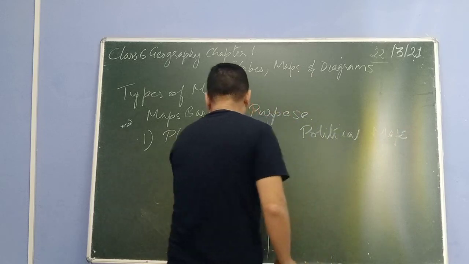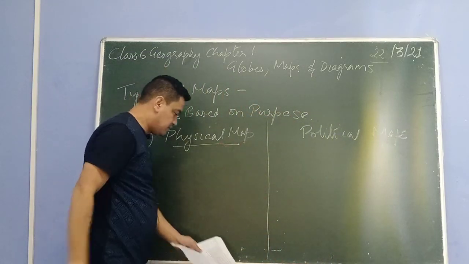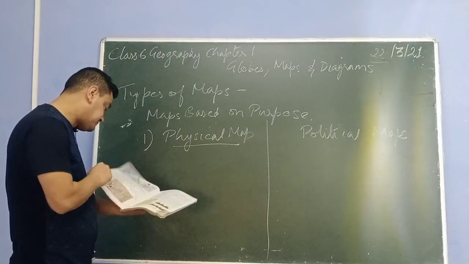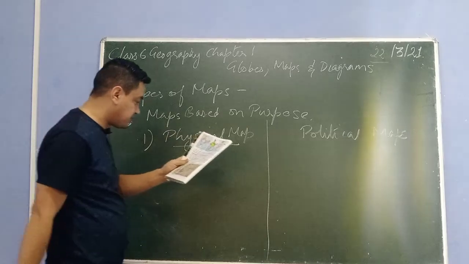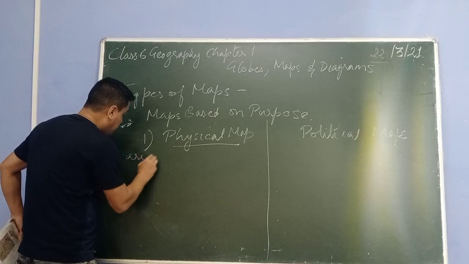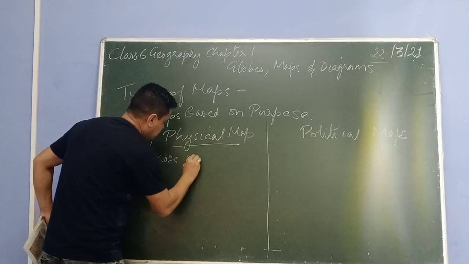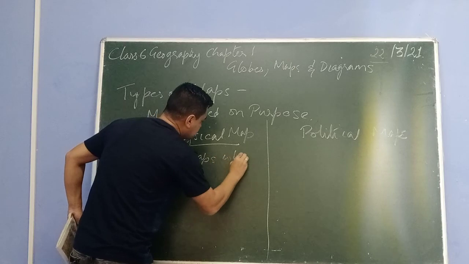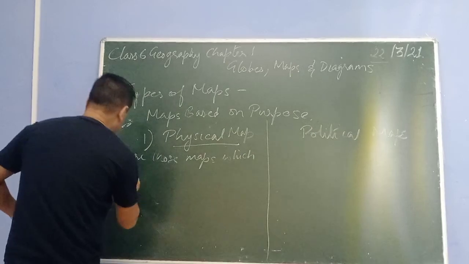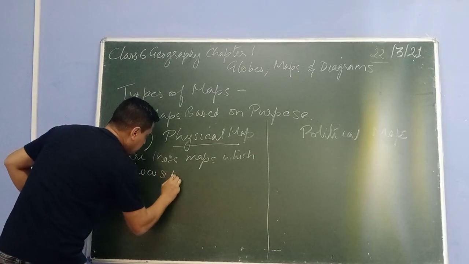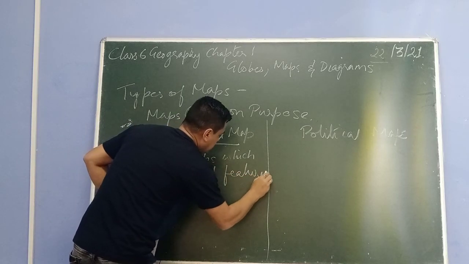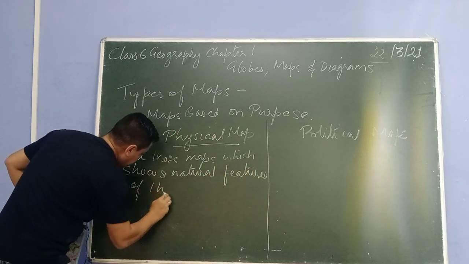Now if you look at the physical map, what is the physical map? Physical maps are those maps, so you have to turn the page, because physical maps is written second. So physical maps are those maps which show natural features of the earth.